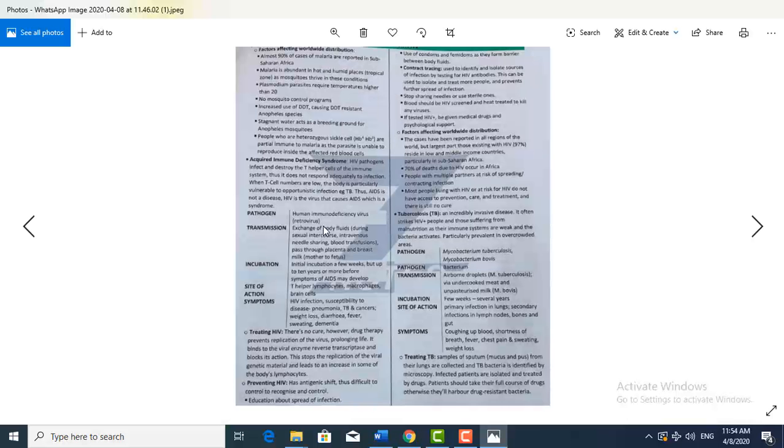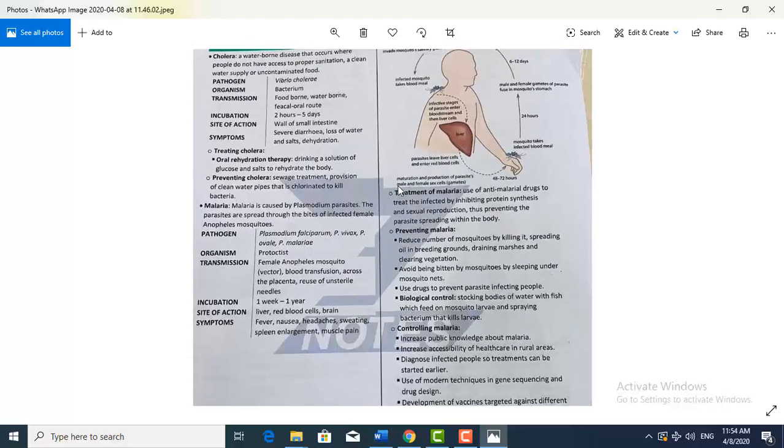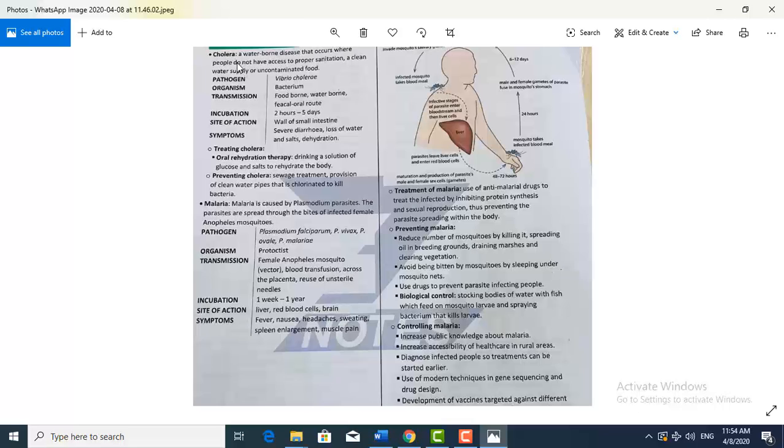Okay, so these are infectious diseases. We will have several diseases caused by microorganisms. For instance, we have cholera.